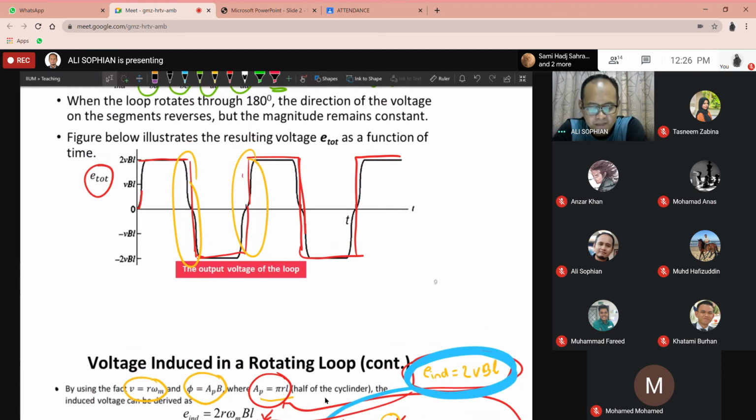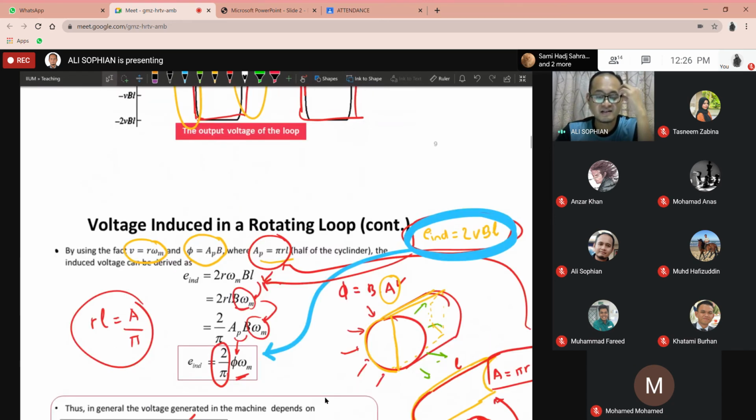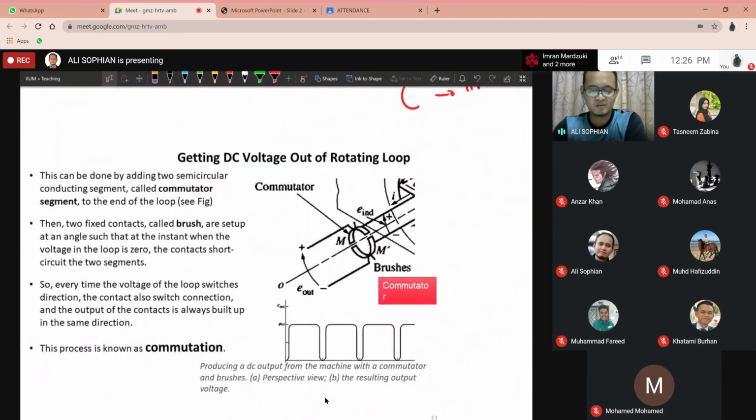So how do we get a DC output from this? Then we need to use this mechanism called commutation. Remember commutation. It's very basic fundamental stuff that we need to understand when we talk about DC machines.